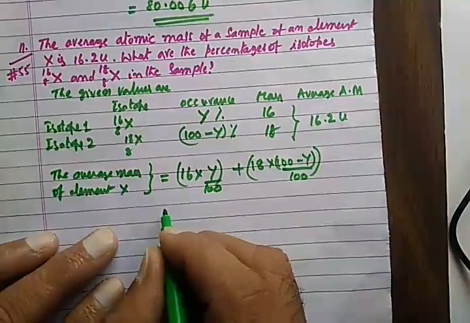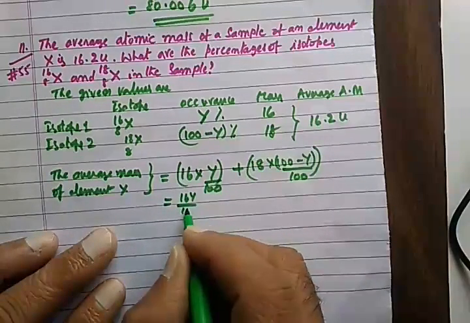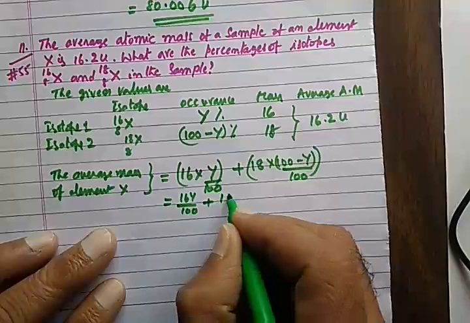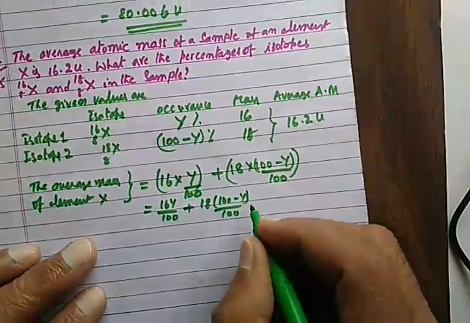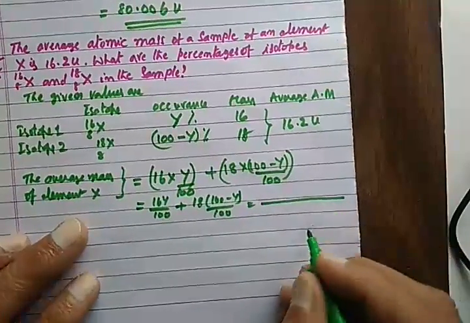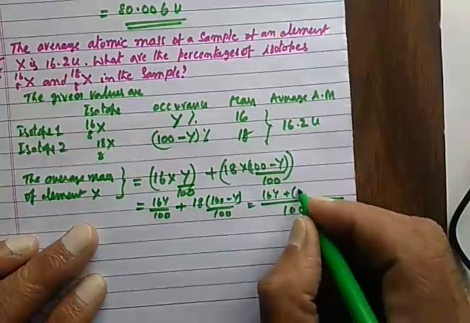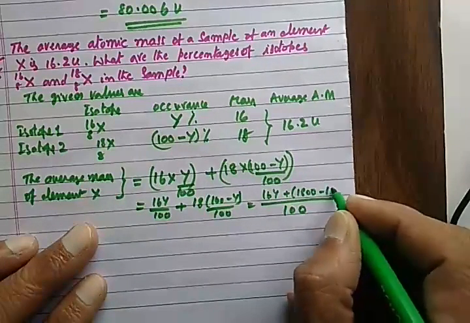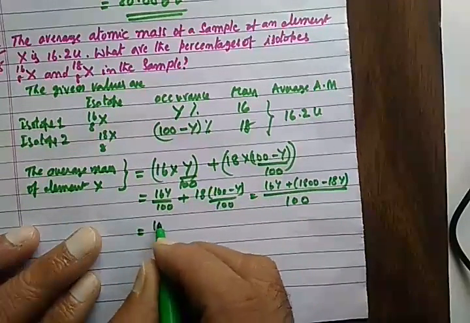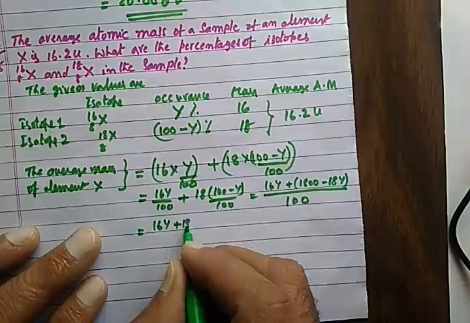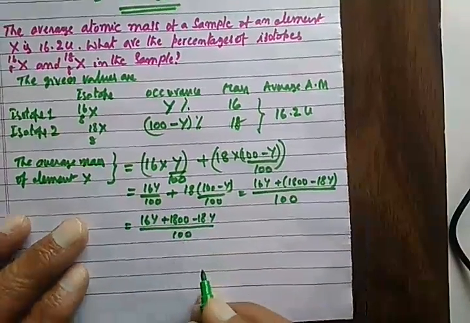Now expand this. This will become 16y by 100 plus 18 into (100 minus y) by 100. So I'll put everything together: (16y plus 1800 minus 18y) whole divided by 100.